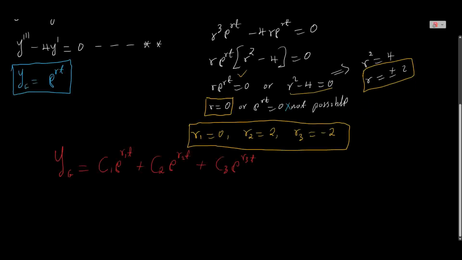If we had 4, we would add plus c4 e raised to the power r4t. Since r1 is 0, this will simply be c1 plus c2 e raised to the power 2t plus c3 e raised to the power minus 2t.